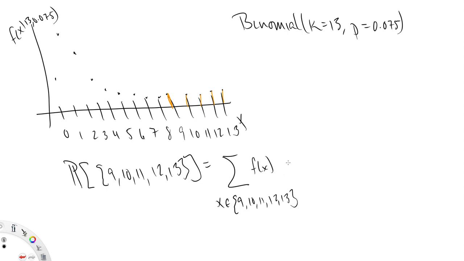You'll notice for convenience's sake, I've gotten rid of the indicator function and just represented the sum, not over the entire sample space, but just over the elements in the set for which we're looking for the probability. This turns out to be kind of a headache to calculate by hand, but that's why we are using R.